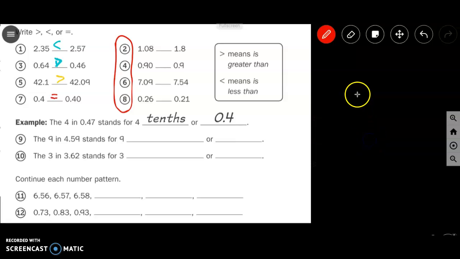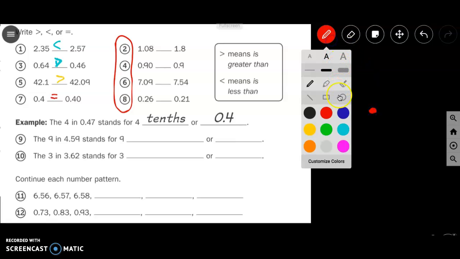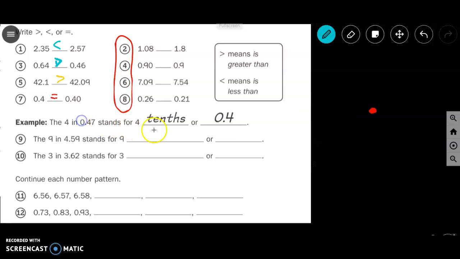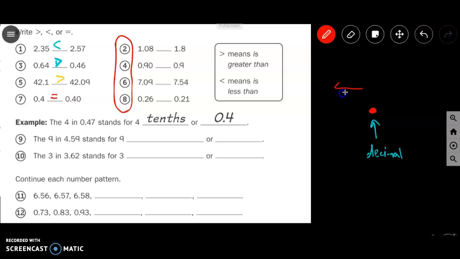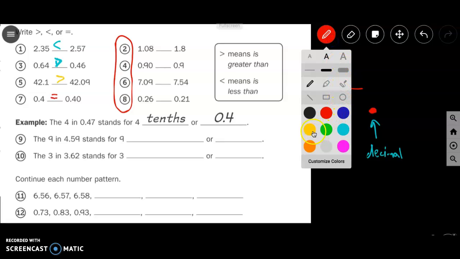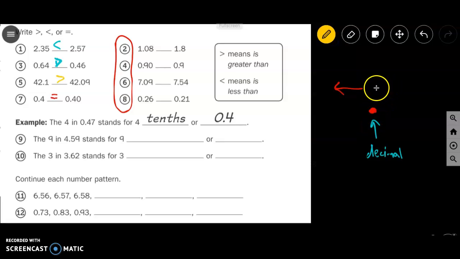All right. So now let's get into places. Okay. Now, the first thing you need to understand is that it's all dependent upon the decimal. So you have your decimal here. Now, when you go to the left of the decimal, you're going to be in the non-th words. And then when you go to the right of the decimal, you're going to be in the th words.